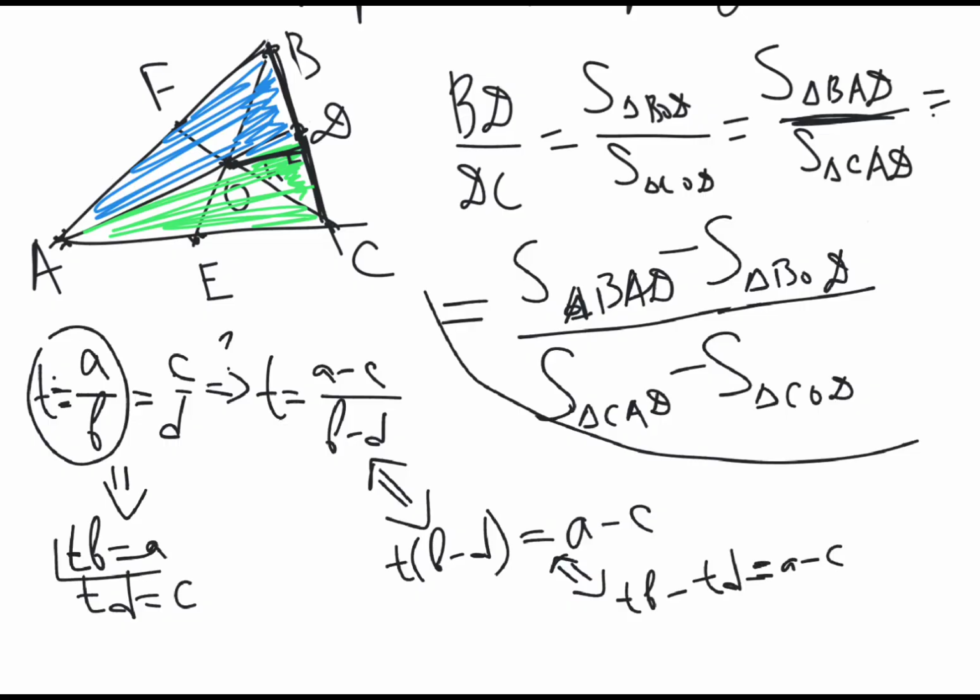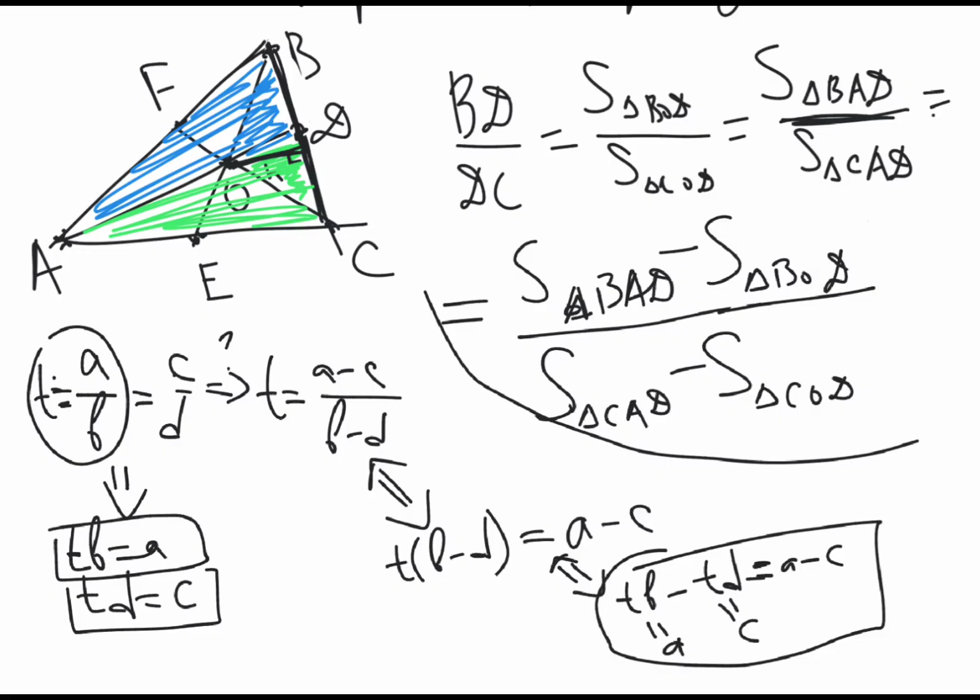Right, so tb is equal to a, td is equal to c, so this is exactly true. So this equality is true. Therefore, by the equivalence, we get that t is equal to a minus c over b minus d. And the question mark here we can now remove. This is just a simple, well-known identity. I just wanted to quickly prove it here.